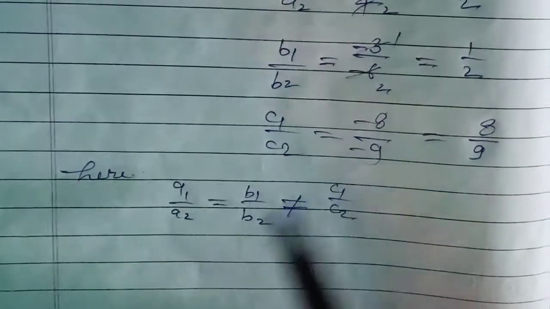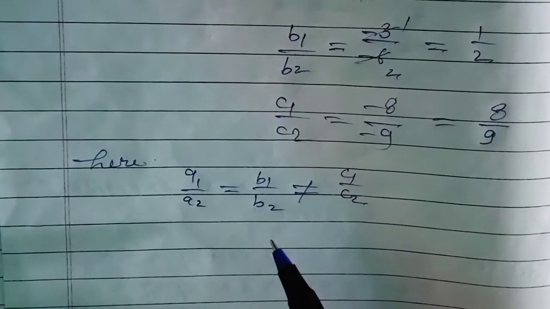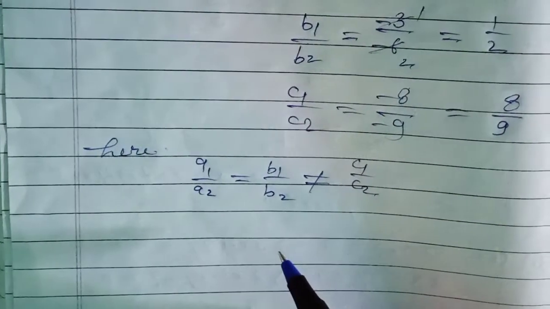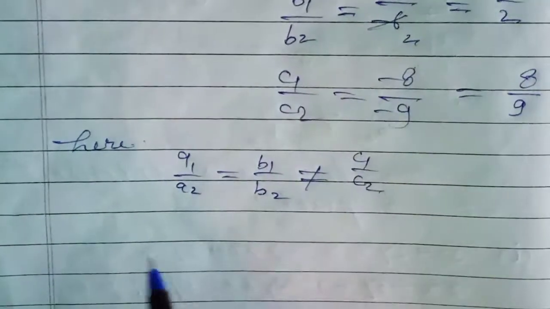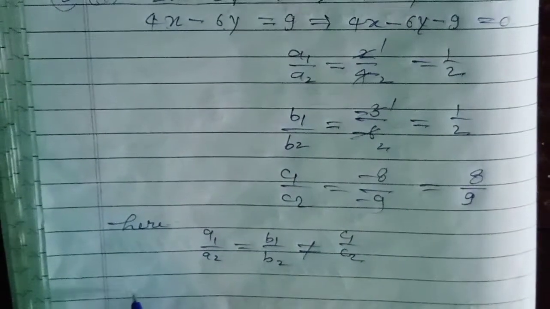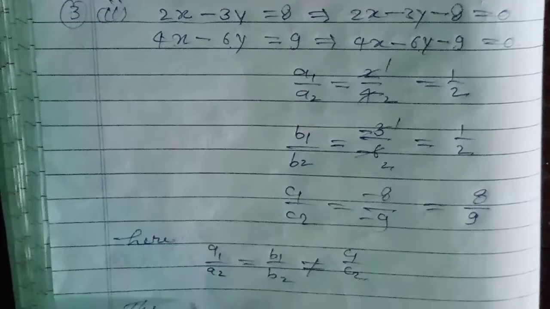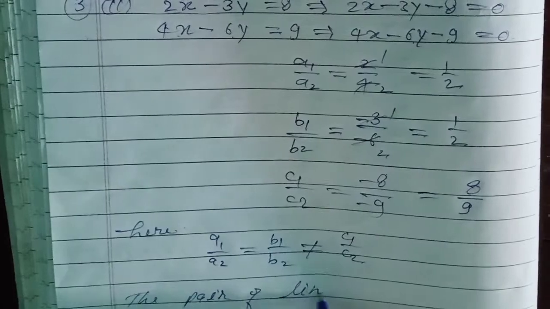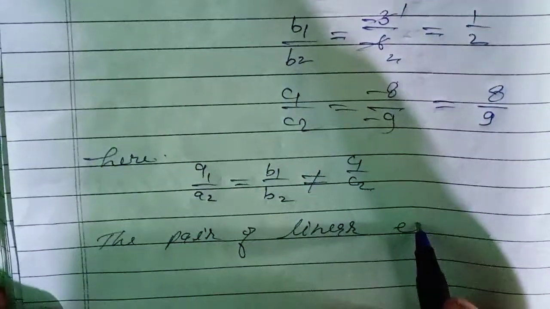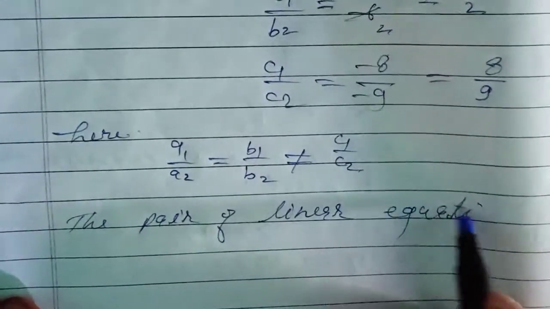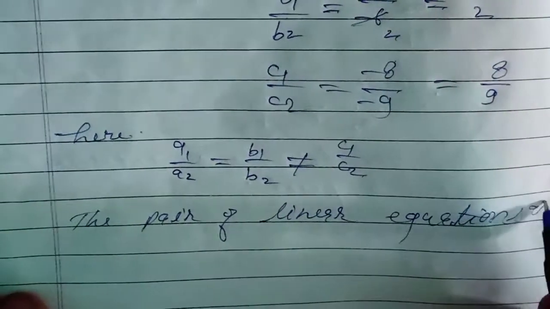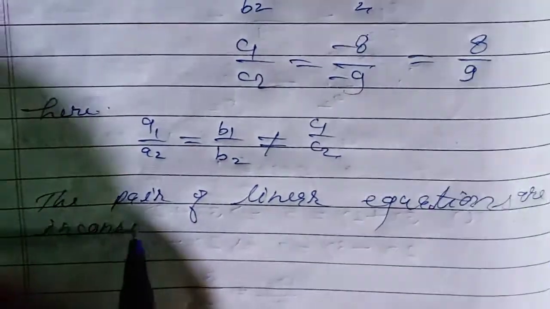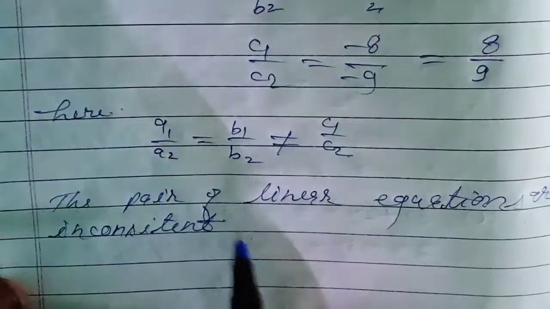So in this condition the lines are parallel, which means the pair of linear equations is inconsistent.